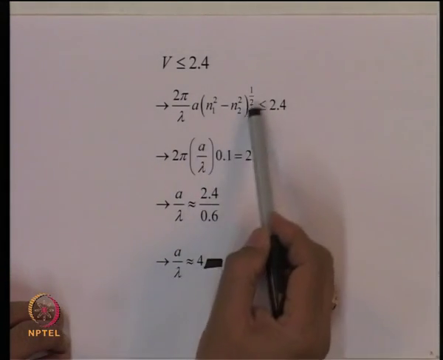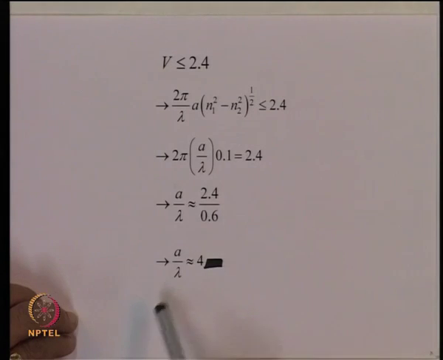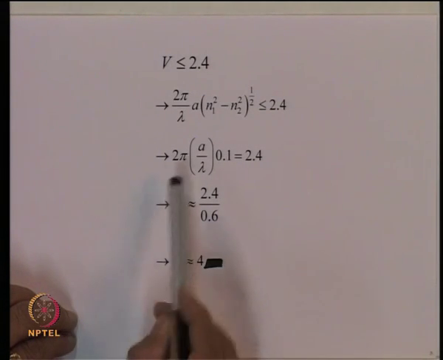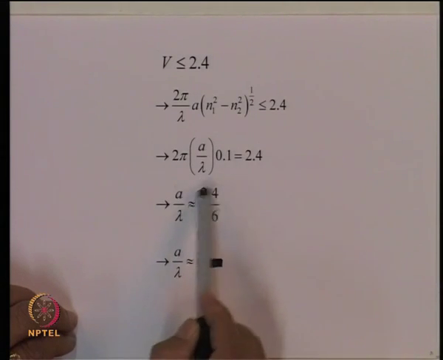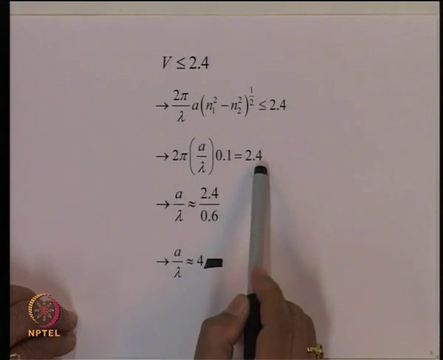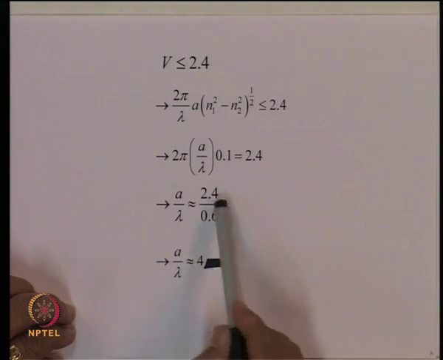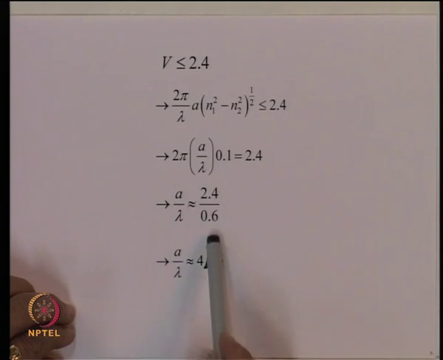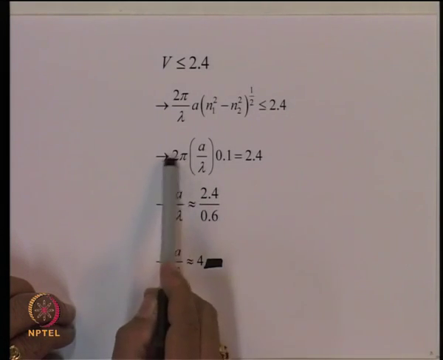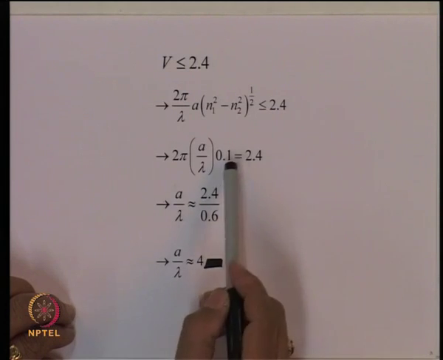If I take a typical number for the numerical aperture, which is about 0.1, then we get 2 pi into A upon lambda, into 0.1, should be equal to 2.4. So, from here we can get A by lambda approximately 2.4 divided by 0.6. This is, 2 pi is approximately 6, so this is 0.6.